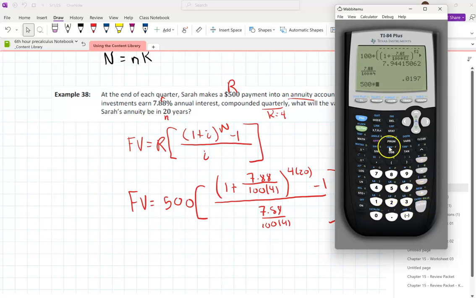So my future value then is going to be 500 times the fraction, 1 plus that answer to the 4 times 20 minus 1 over that answer. Everybody's okay? I press enter.